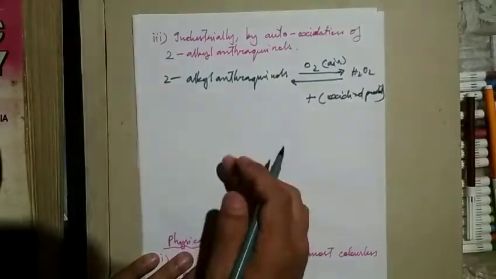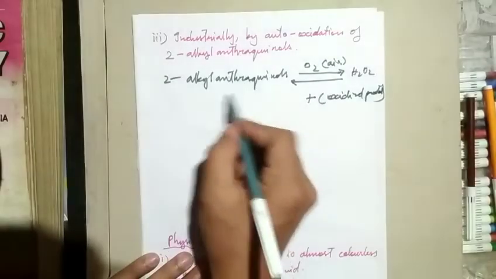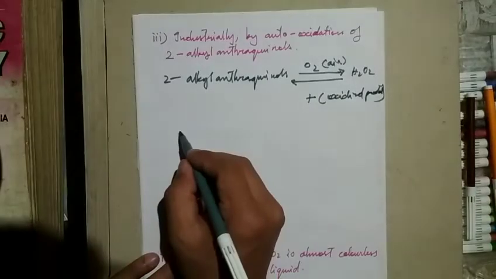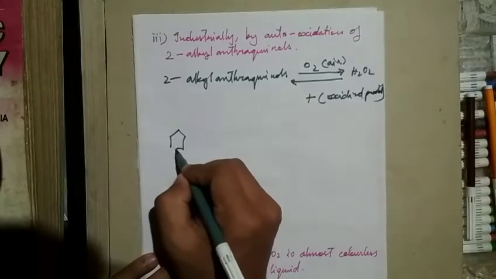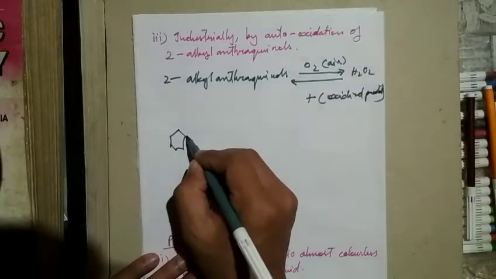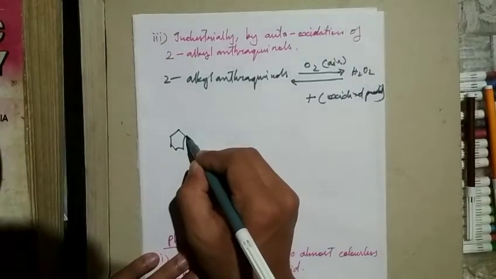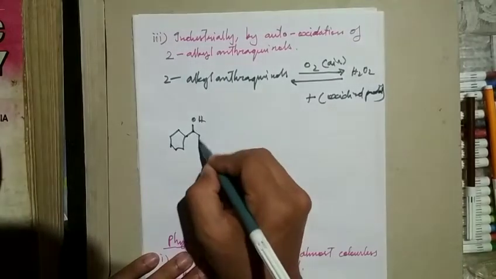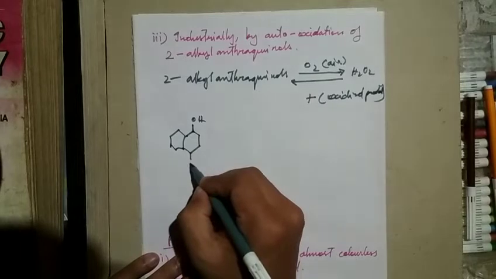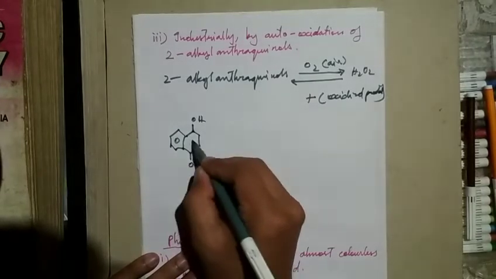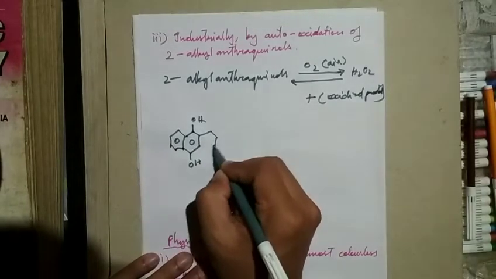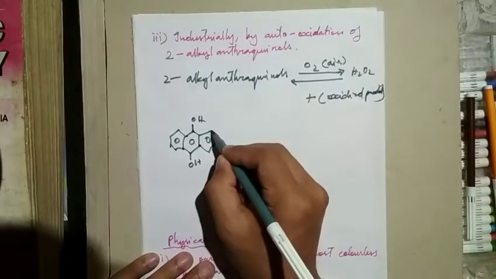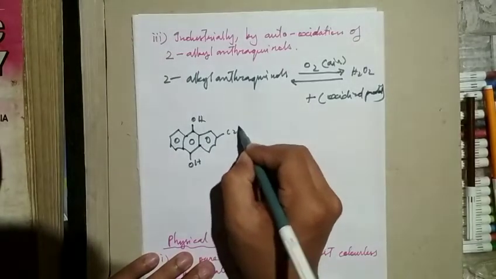I'm going to give another one also, the chemical formula of this one. So 2-ethyl anthraquinol, this is the benzene ring, C2H5.